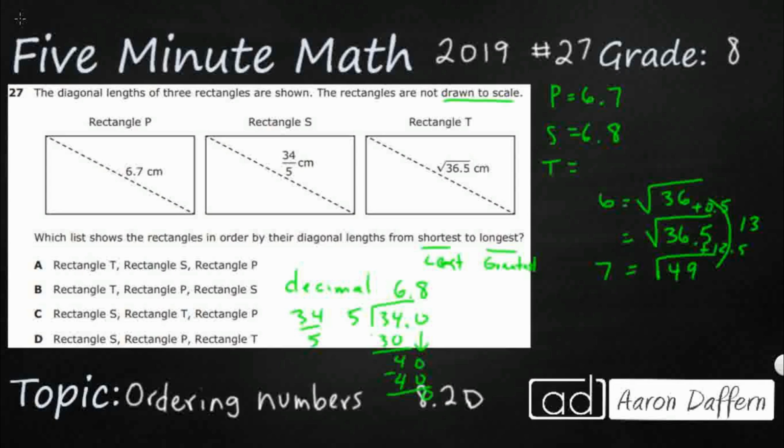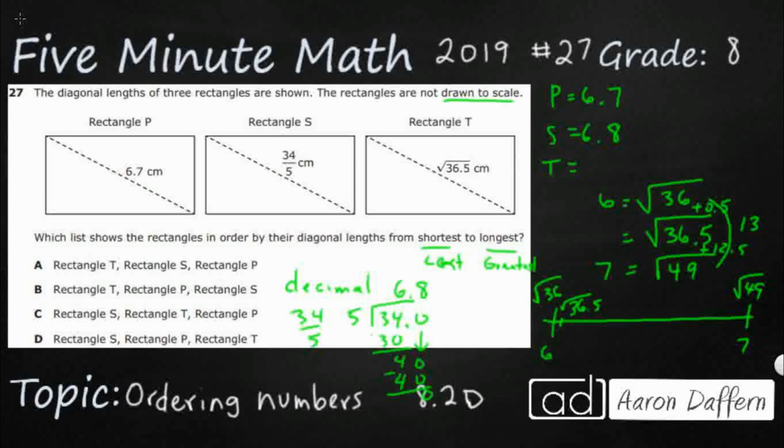If you're looking at it on a number line, you've got your 6 and your 7. This is your square root of 36, and this is your square root of 49. That 36.5 is probably going to be right there. It's just barely past 36 going all the way up to 49.